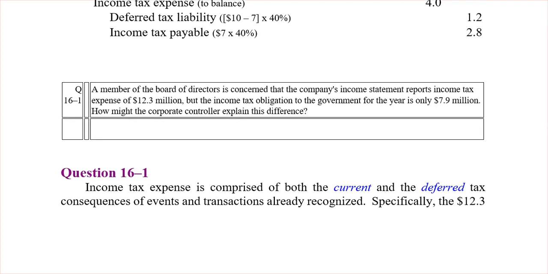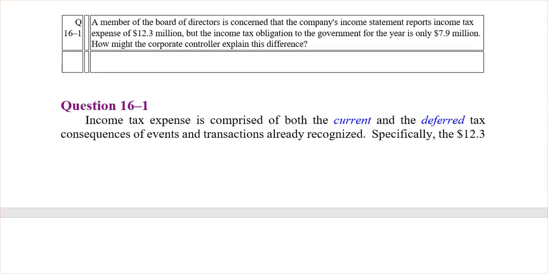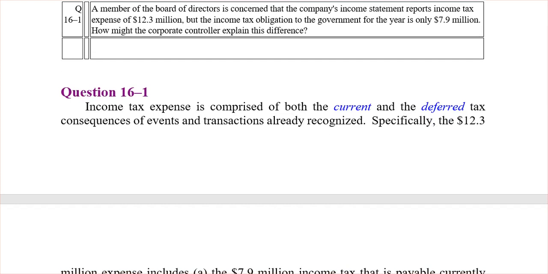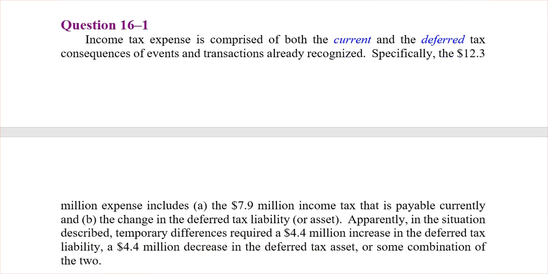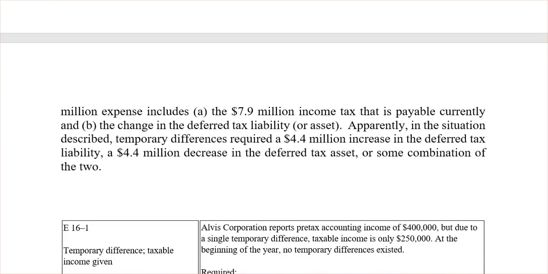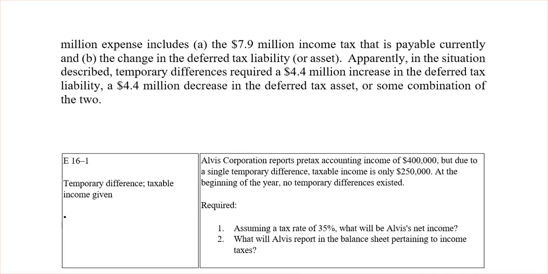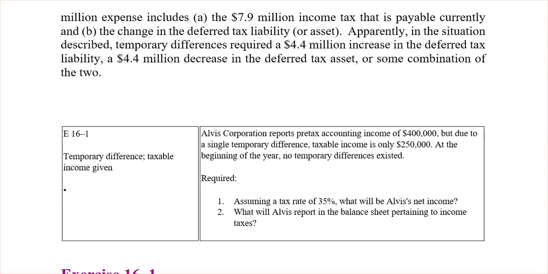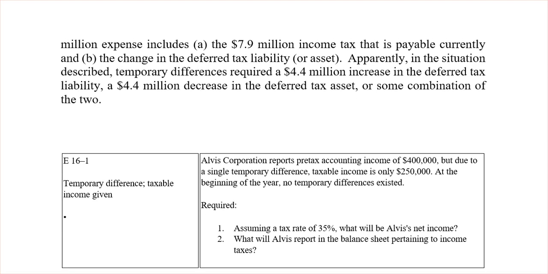In effect, we really don't know what specifically is going on with the company, but we can say that there is a change in a deferred tax liability or a deferred tax asset that's causing our differences. So they say here, increase in a deferred tax liability, a decrease in a deferred tax asset, or some combination. Don't know the details, but we can say that it's probably proper and it's not improper accounting.